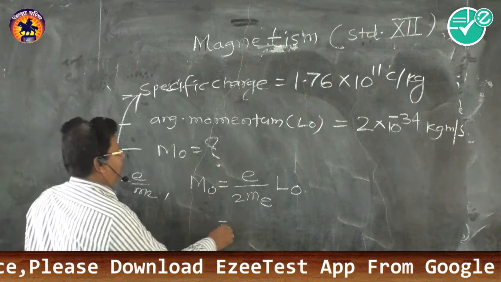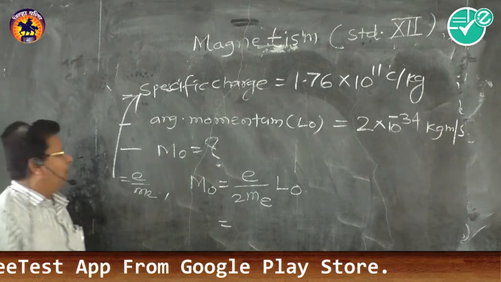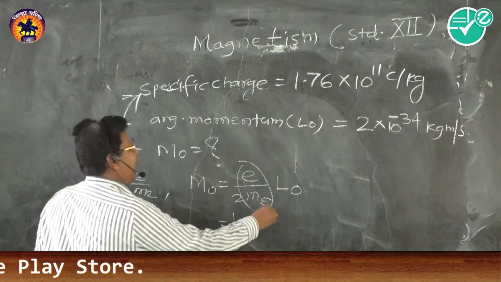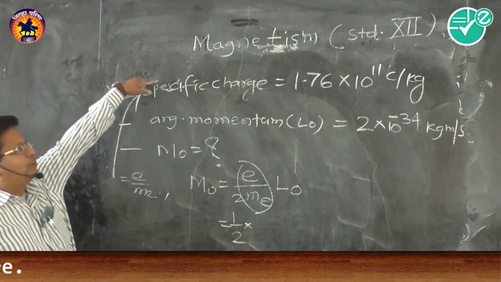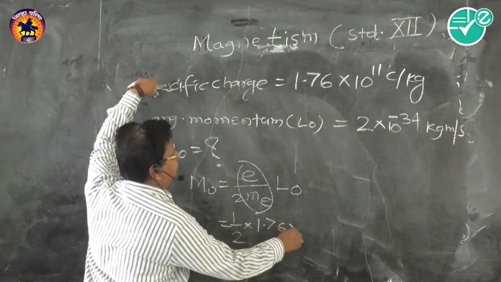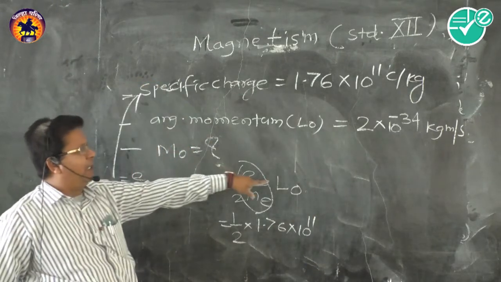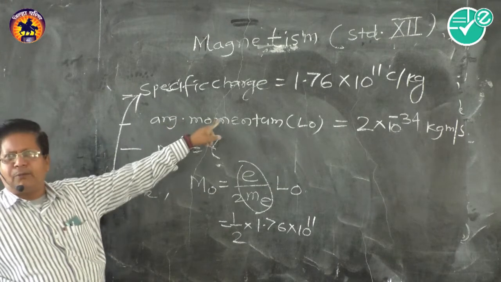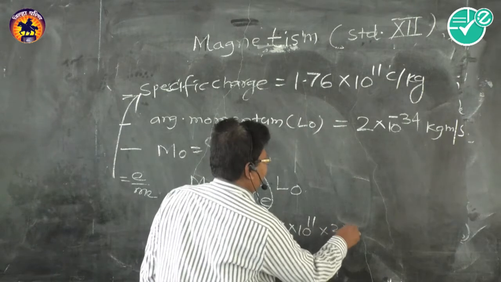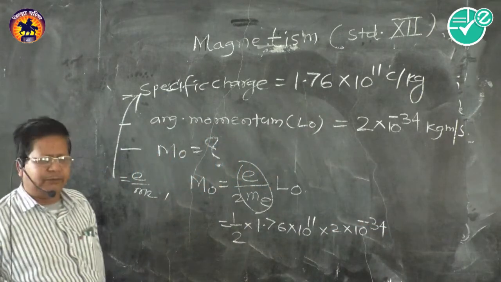So the value of the orbital magnetic dipole moment comes out to be 1 divided by 2 into e by m_e, which is nothing but the specific charge, and its value is 1.76 into 10 to the power 11. And L_O, which is the angular momentum of the revolving electron, has a value of 2 into 10 to the power minus 34 kilogram meter per second.